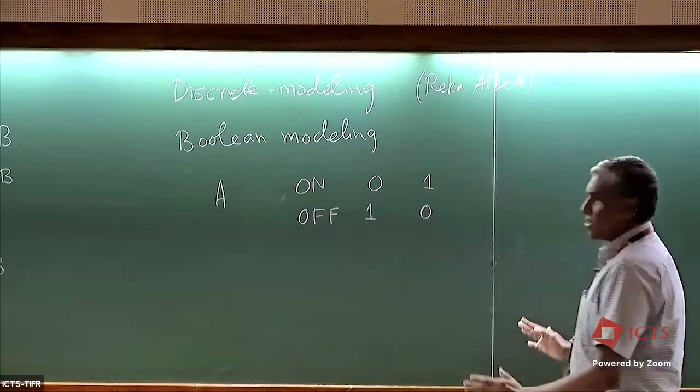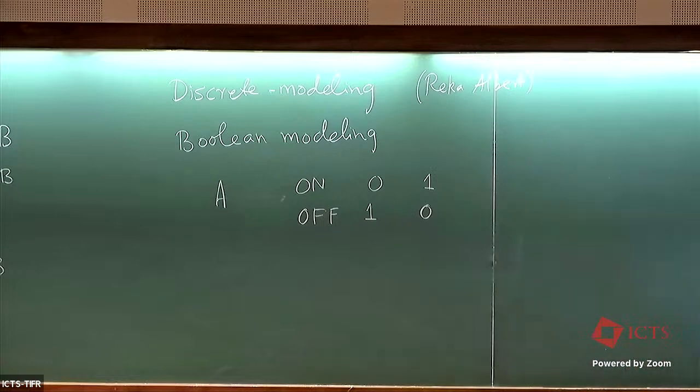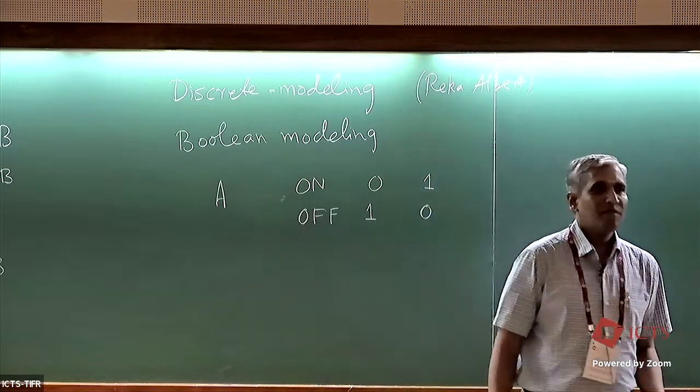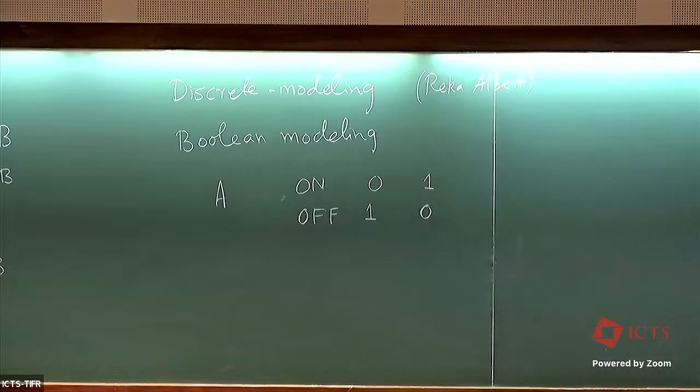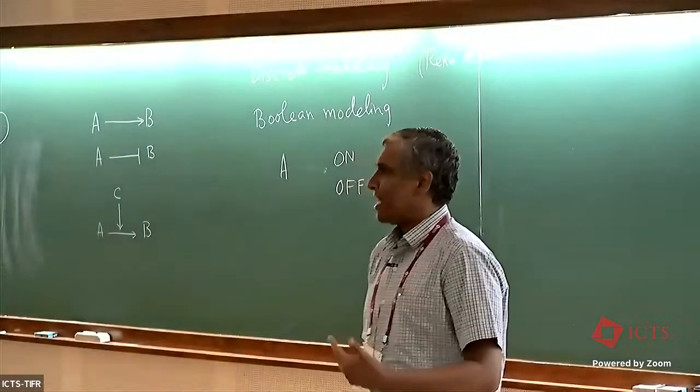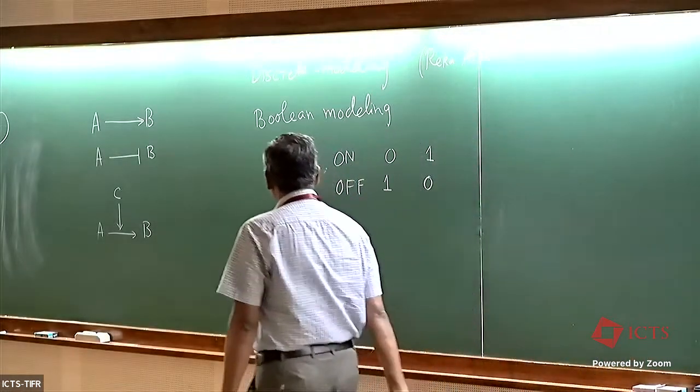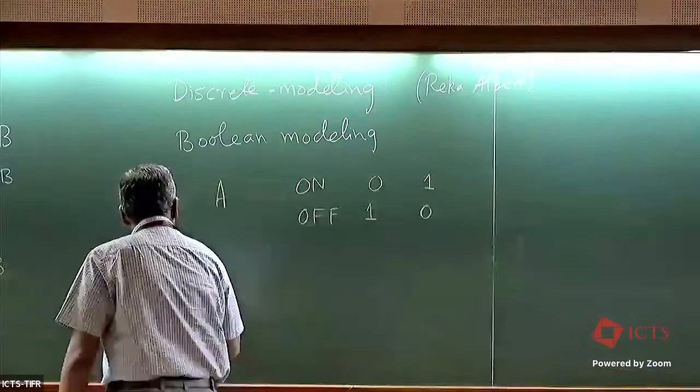So once we do this, we can set up the entire Boolean model by defining functions for the dynamic variables, which is essentially the Boolean value taken by each of the nodes in the network. So we have to define Boolean functions.